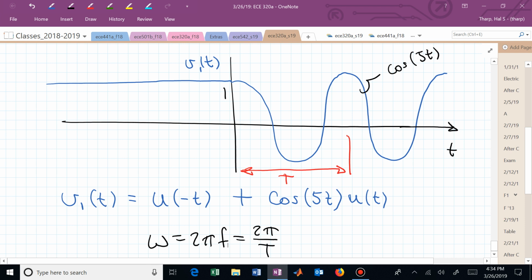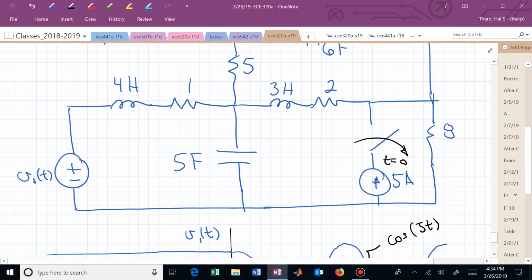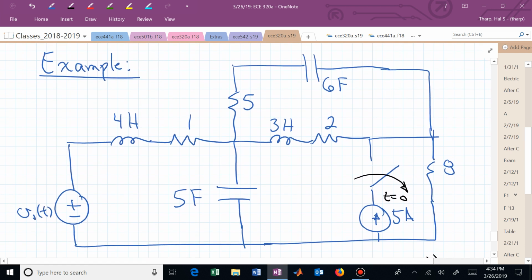Because we really are trying to establish initial conditions in this circuit. For t less than 0, can you sketch what this circuit looks like? You did it on the exam. What happens for negative time?